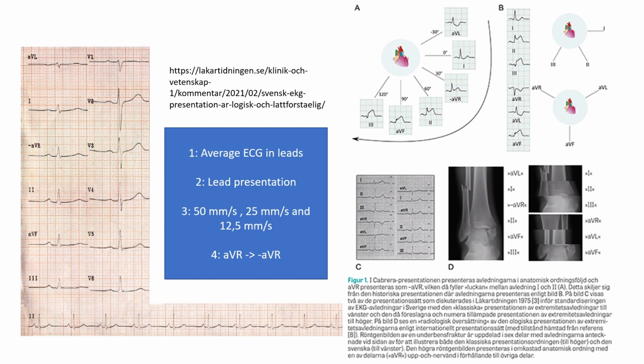Now onto the meatier thing, which is the lead presentation. So this is from the article referenced here. When you have the normal ECG, then it looks like this, right? It's logical because 1, 2, 3, AVR, AVL, and so on, right?